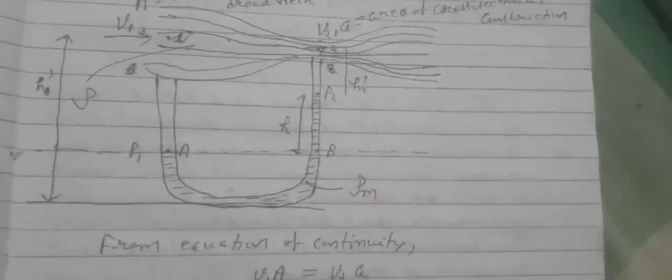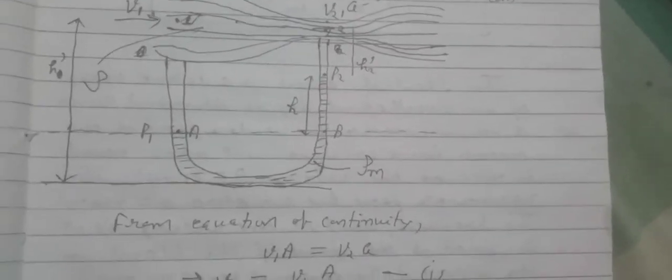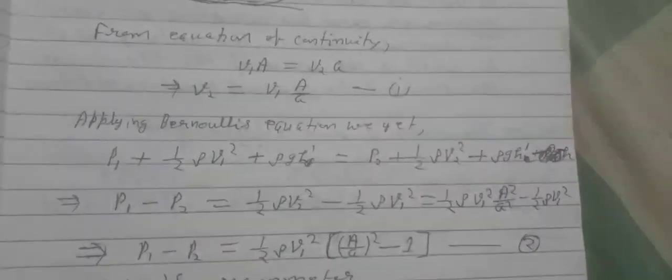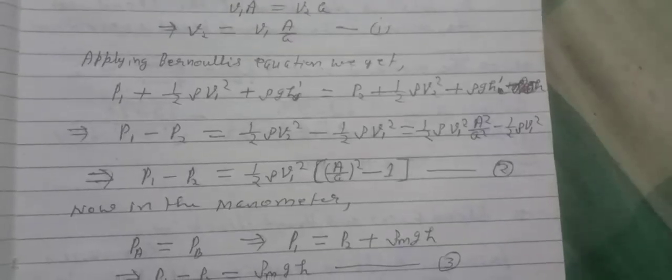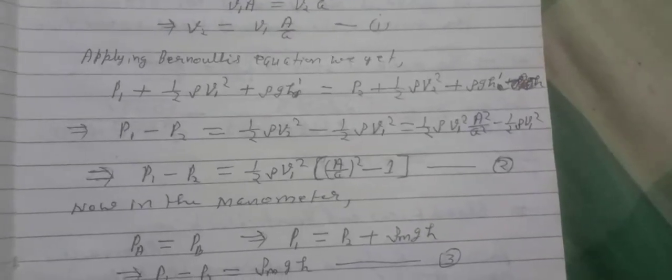Let ρm be the density of liquid in the manometer. Now from the equation of continuity, V1A = V2a, this implies V2 = V1 A/a, equation 1. Applying Bernoulli's equation, we get P1 + 1/2 ρV1² + ρgh' = P2 + 1/2 ρV2² + ρgh'.